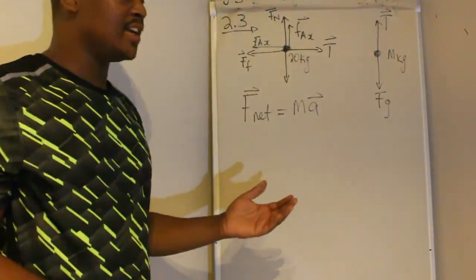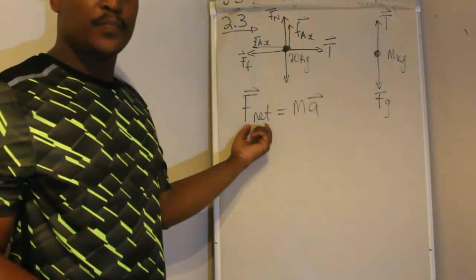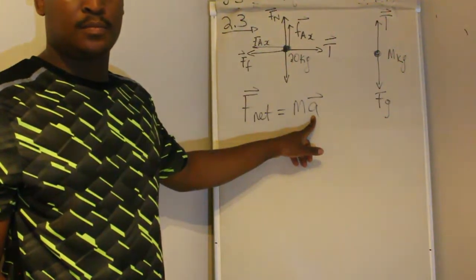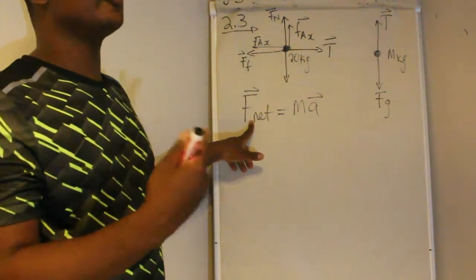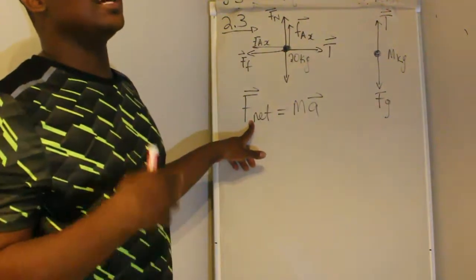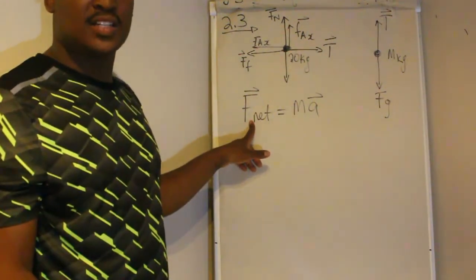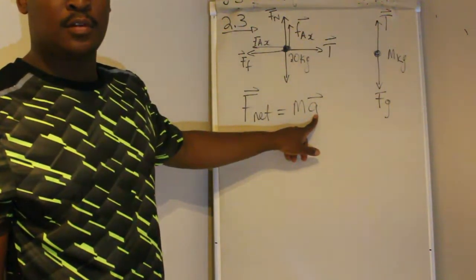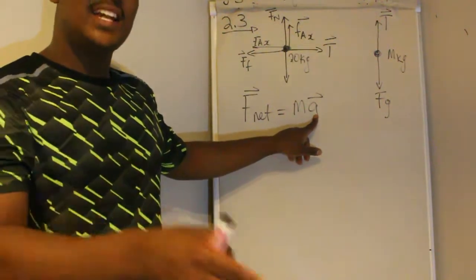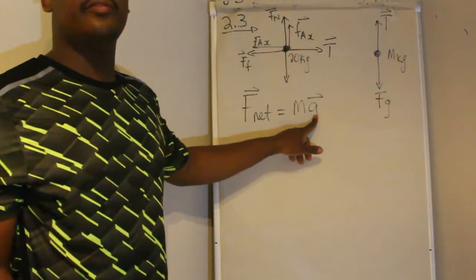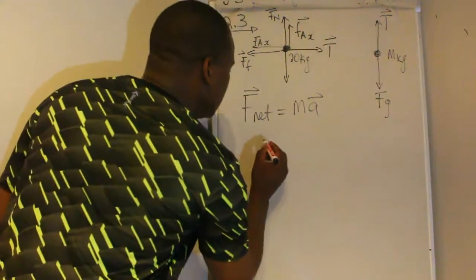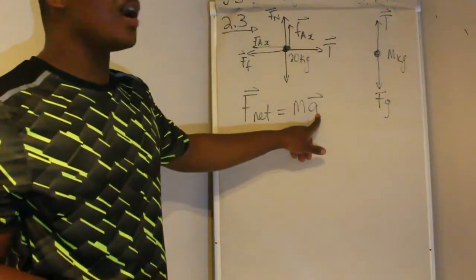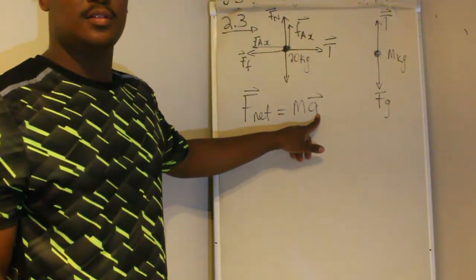What Newton 2 is saying is that a net force acting on an object will cause the object to accelerate, and that object will accelerate in the direction of the force.